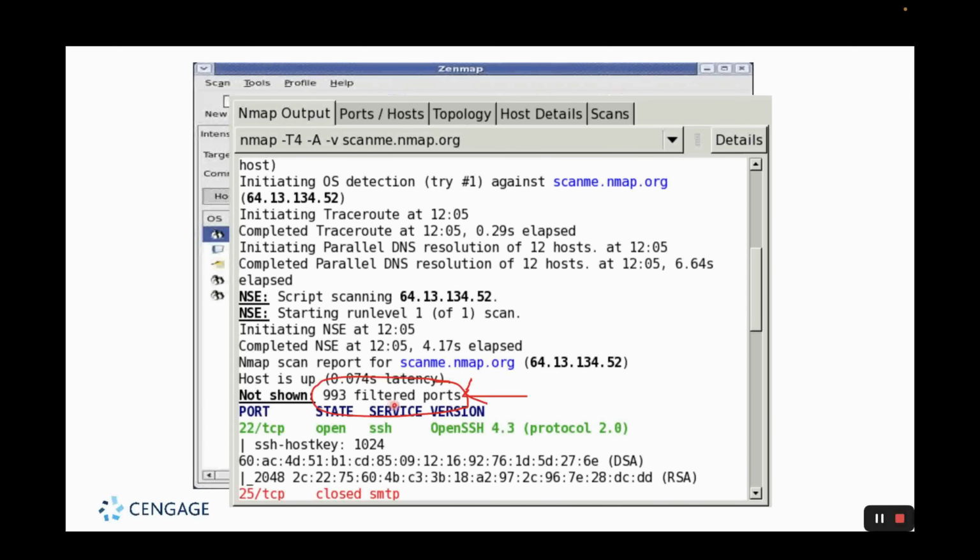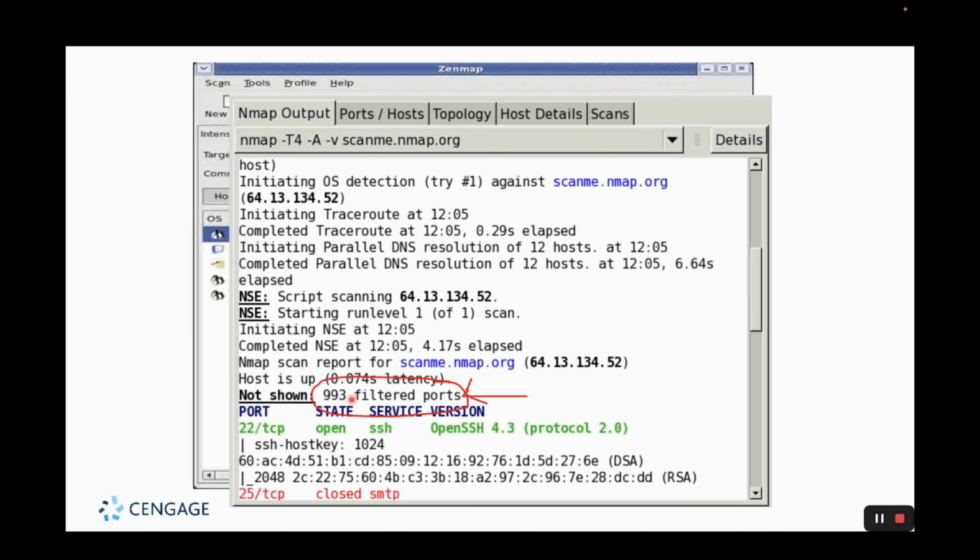And here's also another screenshot, where you could see those filtered ports. The scan did not show any filtered ports here. Now, a filtered port, I want to talk about this, is one for which the receiving system, such as a firewall or router, has been configured to ignore or drop packets.